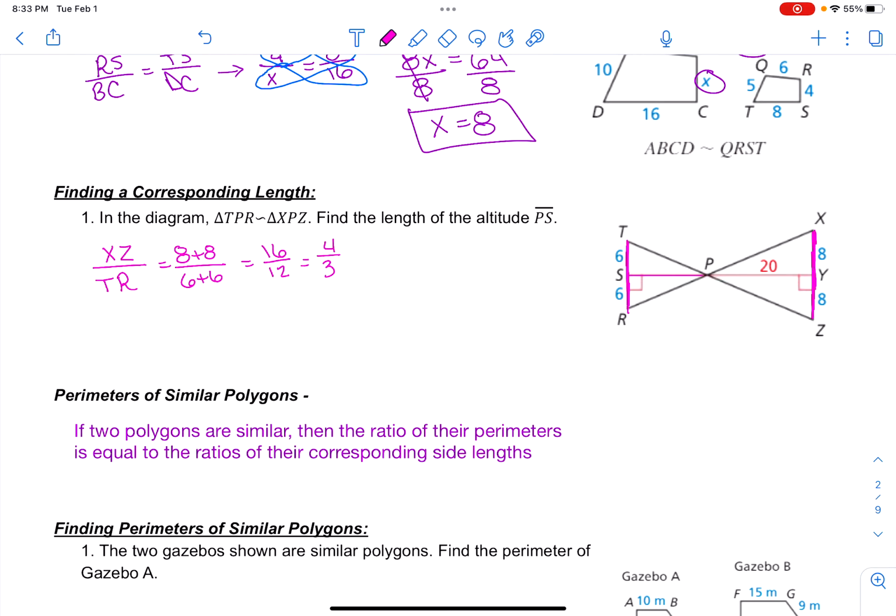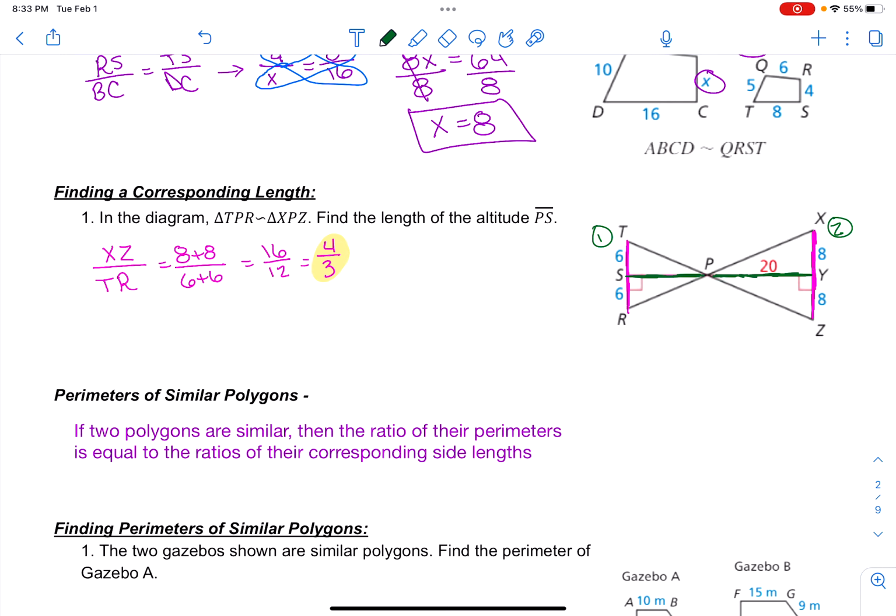So now, when we are looking at the altitude pieces, they are going to have the same scale factor. So this PY and PS, they will have the same scale factor of 4/3 that we just found. So, again, we will go from our second triangle to our first triangle because that's how we did it here. And you need to keep everything, again, proportion.